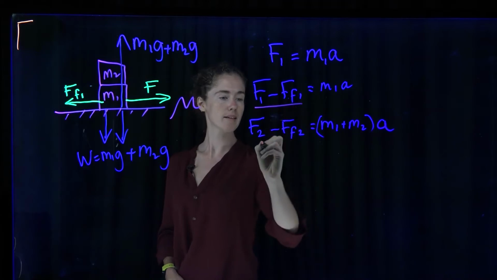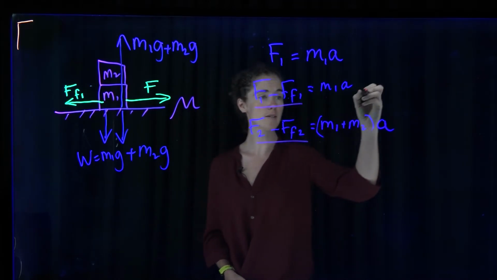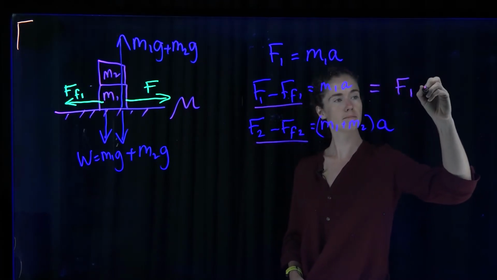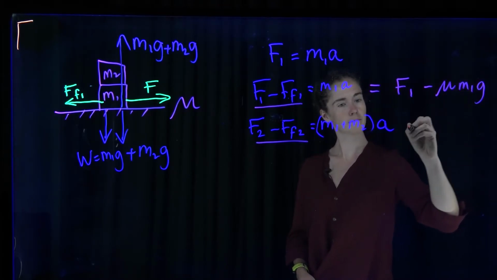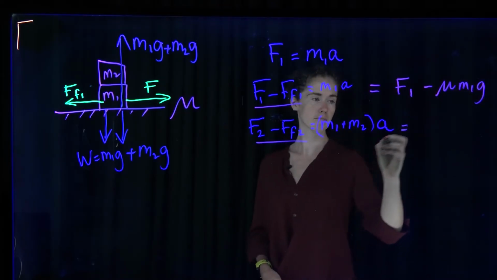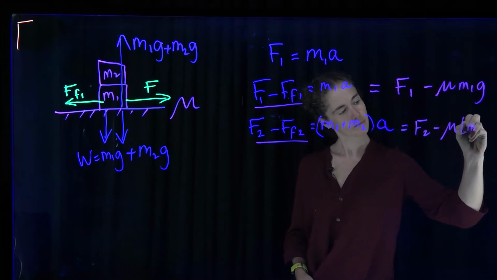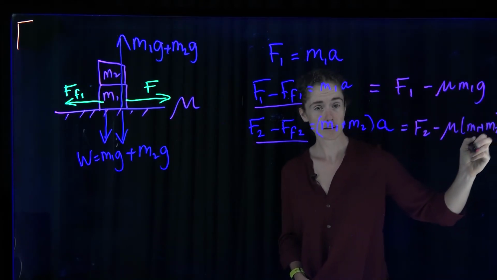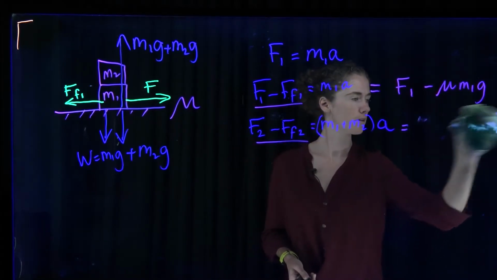So I'm going to rewrite this side of the equation, putting in our coefficient of friction instead. M1 plus M2 G. Write that a little bit smaller.